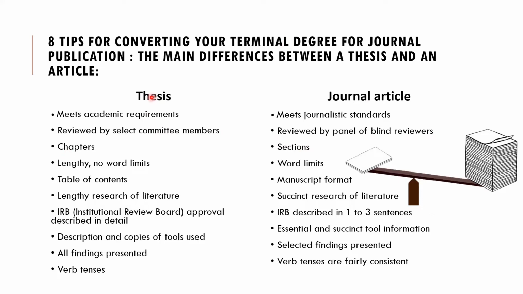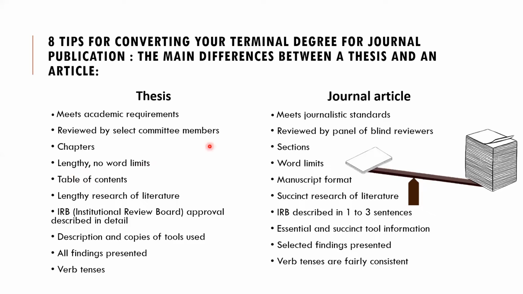The thesis has chapters; the journal has sections. The thesis is lengthy with no word limit. It actually depends on the format of the university. Each university has its own format, but the length is big.